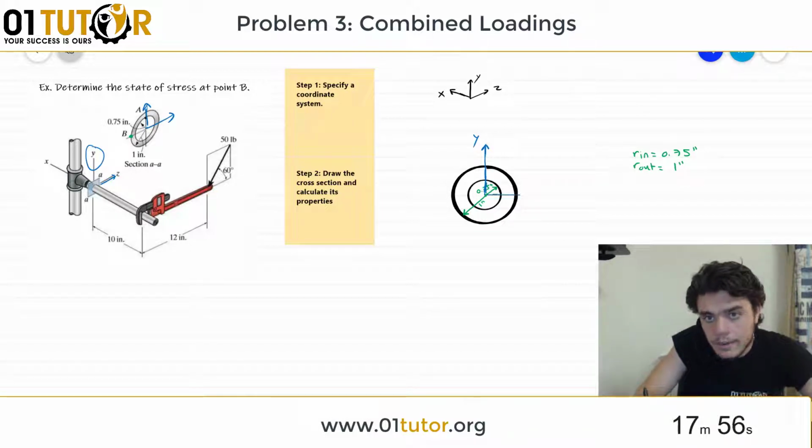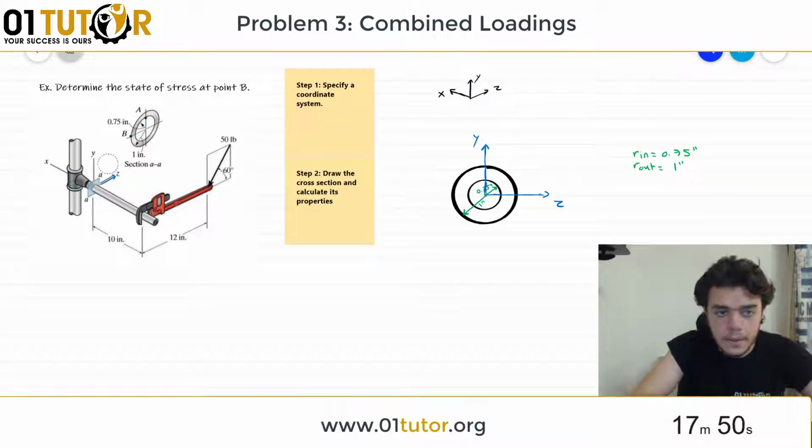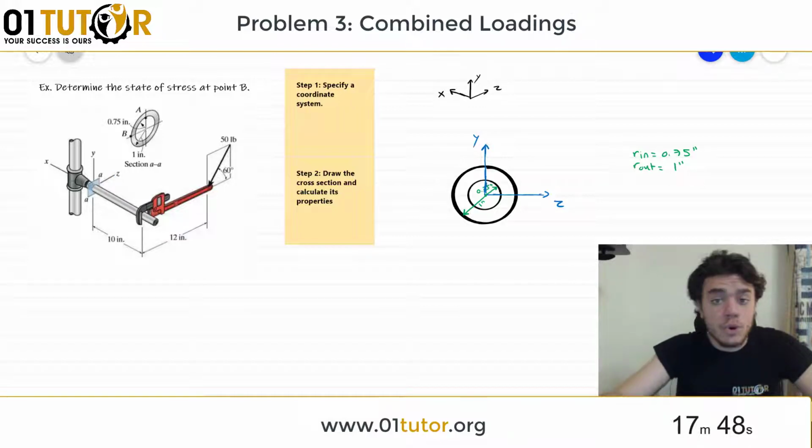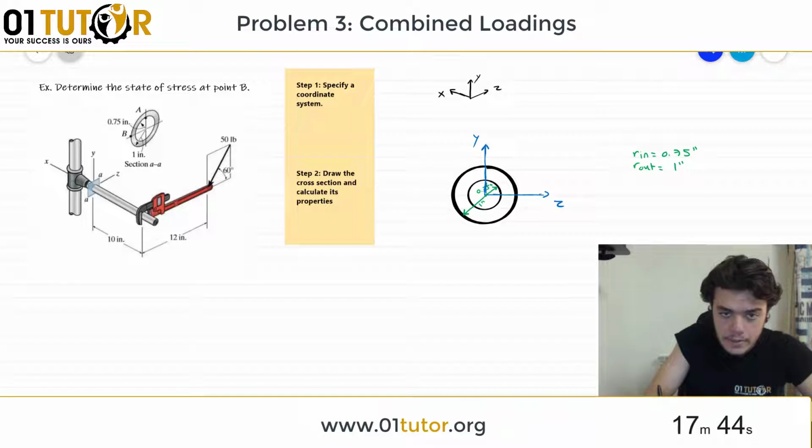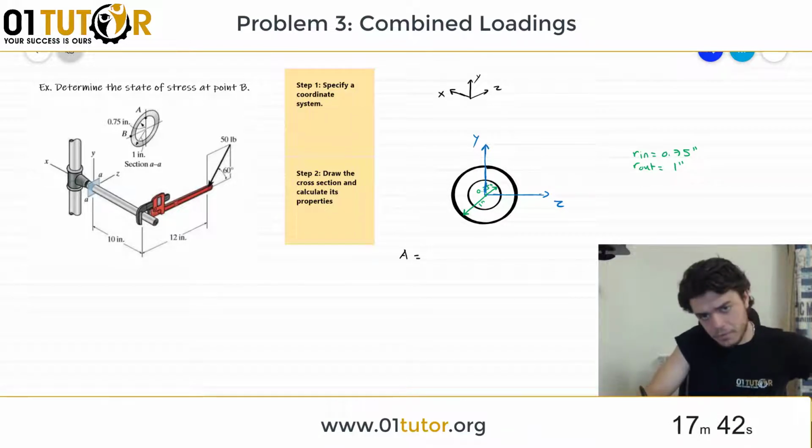So this is going to be your z axis. This is step two. We need to find the cross-sectional properties, so let's start by finding the area.